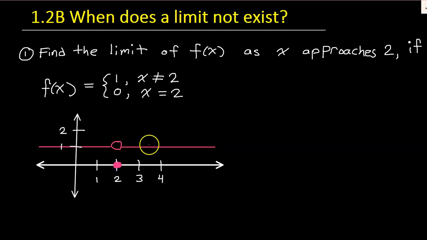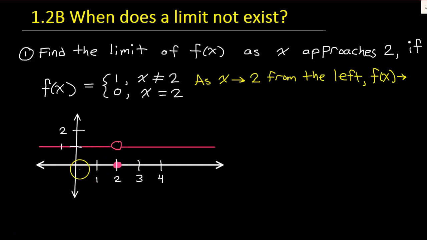All right, so here's what this piecewise function looks like. Now let's talk about limits. What happens as the x values approach 2 from the left? This is easy because this is just a flat line.